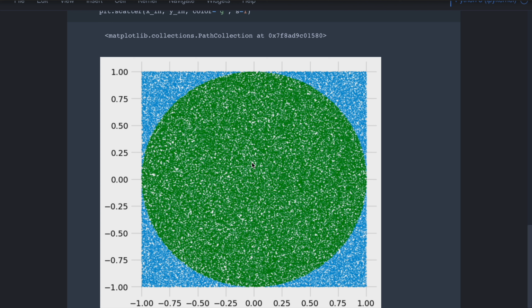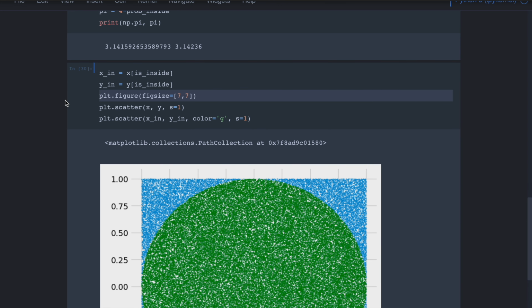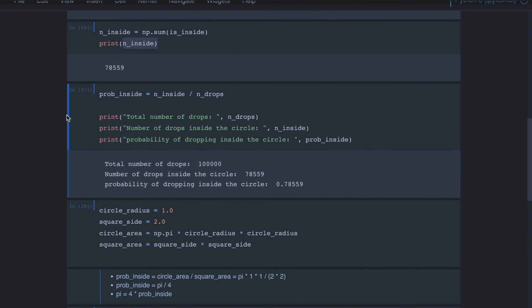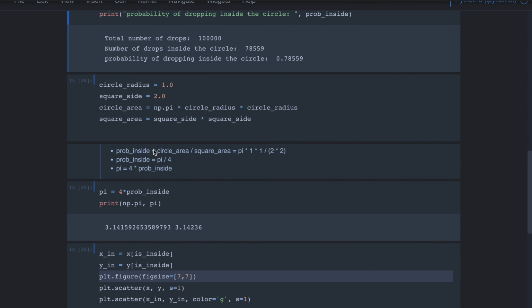So the probability is simply the ratio of the area of the circle divided by the area of the square. For example, here, the probability of the point dropping inside is equal to the area of the circle divided by the area of the square.